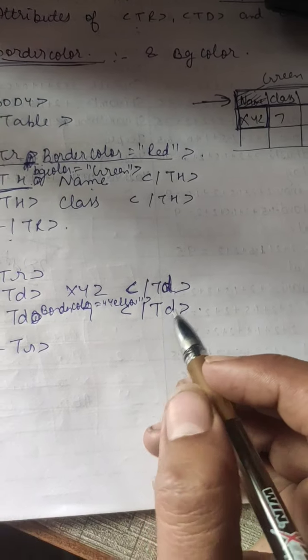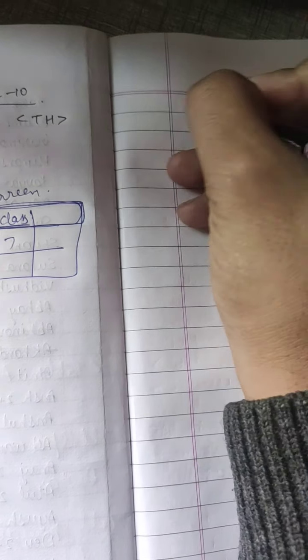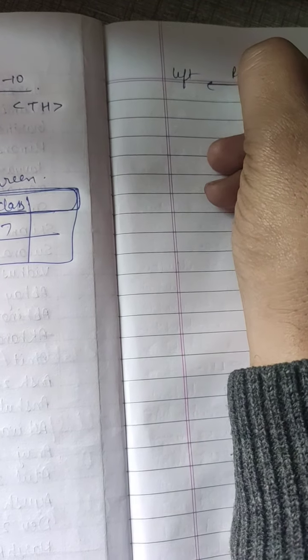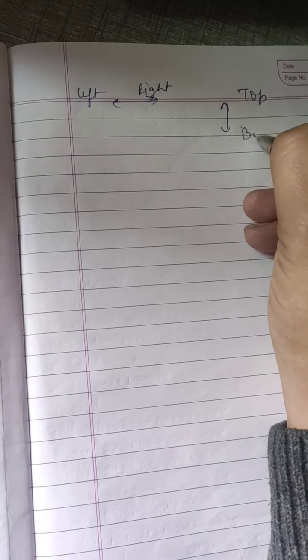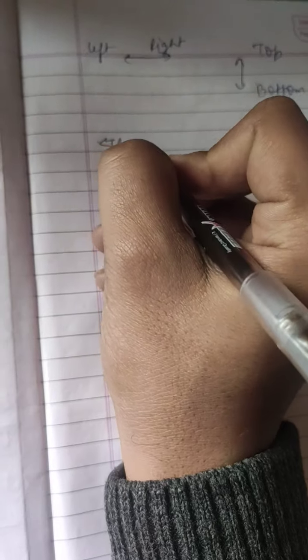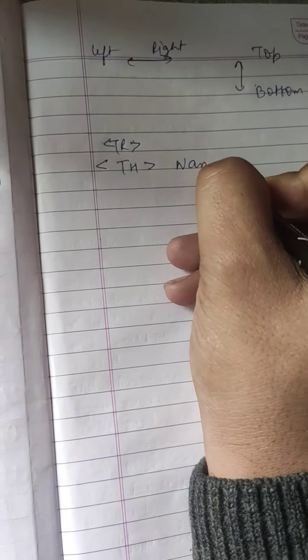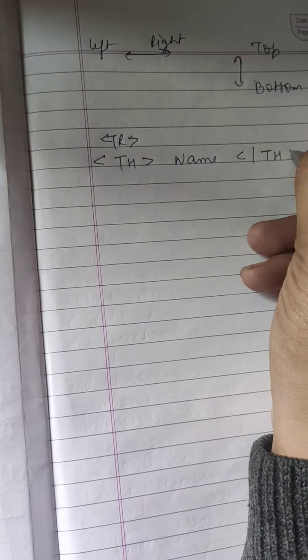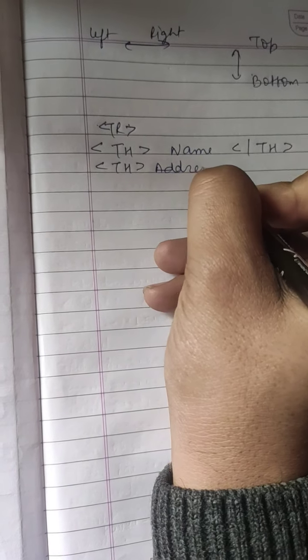The next is the horizontal alignment and the vertical alignment. Horizontal alignment is left and right, and in vertical alignment it is top and bottom. So how will we write it? Suppose we have a tr, in tr we have the th name, th will be closed, again th address.